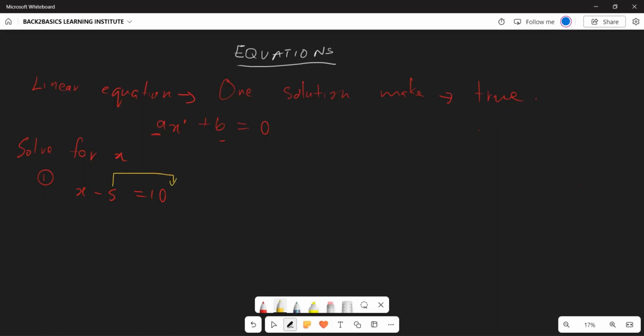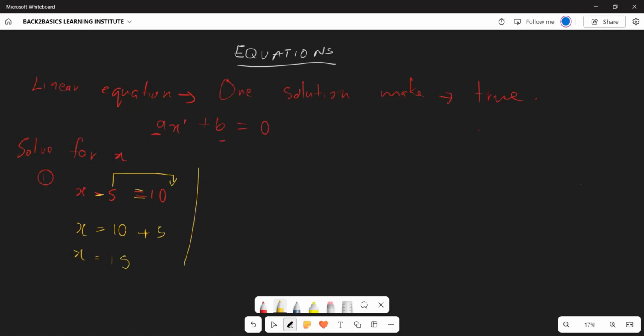When you bring it across, remember this 5 is negative, so whenever it jumps the equal sign it becomes positive. So x equals 10 plus 5. Therefore, the value of x is going to be 15 altogether.